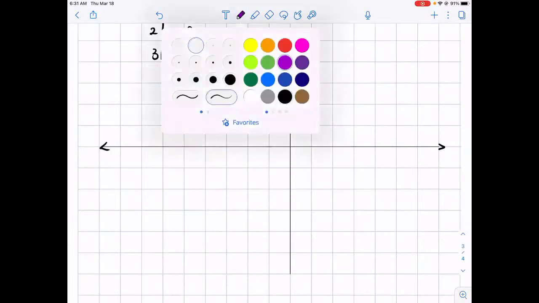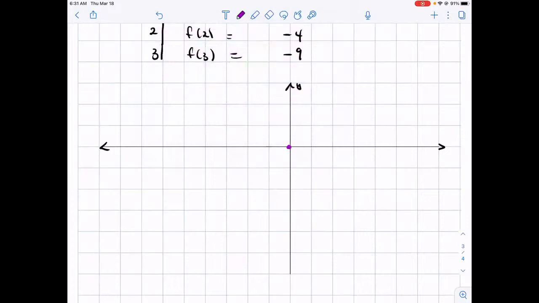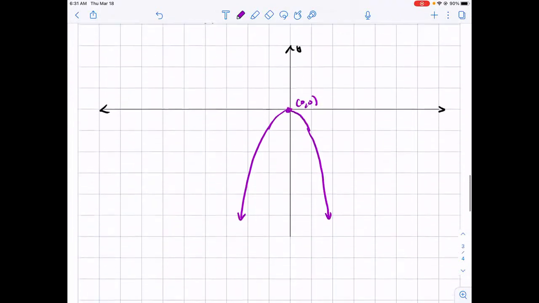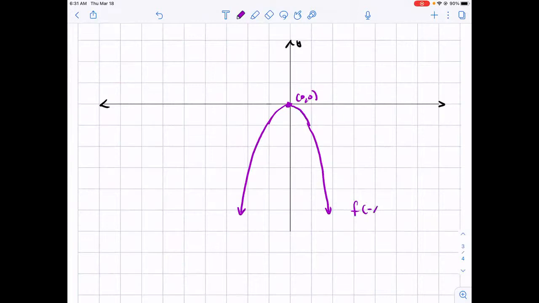You will see that this graph is not pointing upward, it is pointing downward. Here is the point 0, 0. And this is the function f of x equals minus x squared.